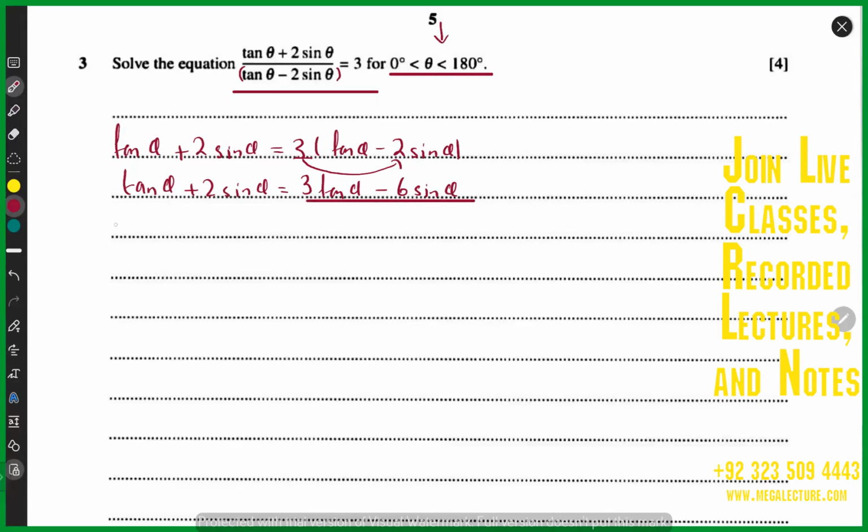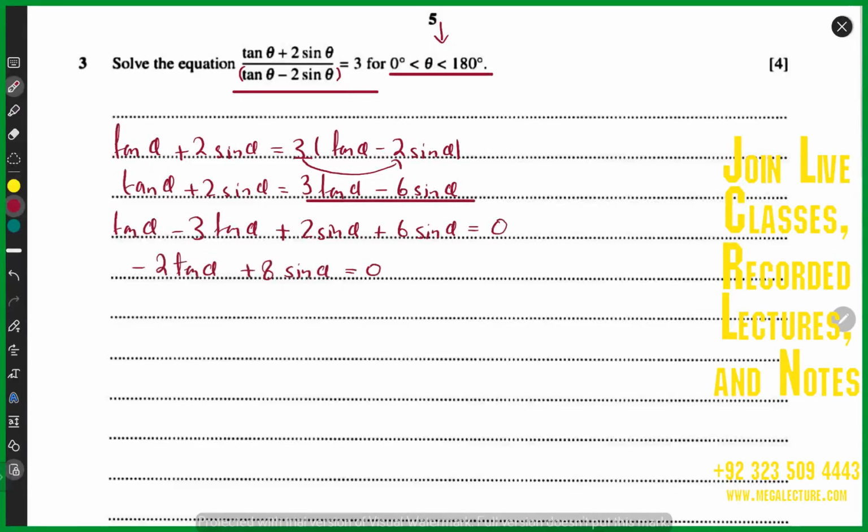Let me do another step because some of you might get confused. Tan theta minus 3 tan theta, then it was positive 2 sine theta, and then plus 6 sine theta equals 0. And this is going to give me minus 2 tan theta plus 8 sine theta equals 0.